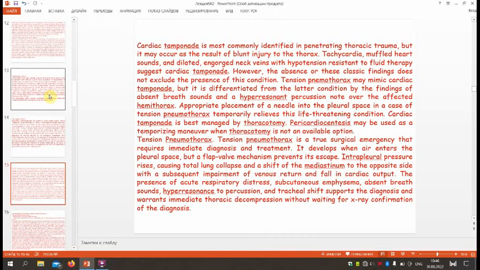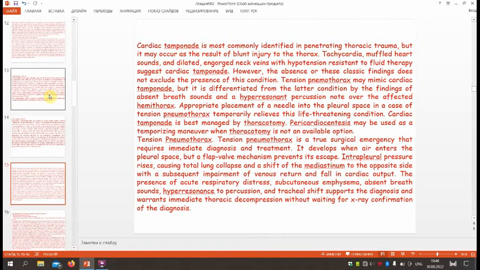Next is tension pneumothorax. Tension pneumothorax is a true surgical emergency that requires immediate diagnosis and treatment. It develops when air enters the pleural space, but a flap valve mechanism prevents its escape. Intrapleural pressure rises, causing total lung collapse and a shift of the mediastinum to the opposite side with subsequent impairment of venous return and fall in cardiac output.